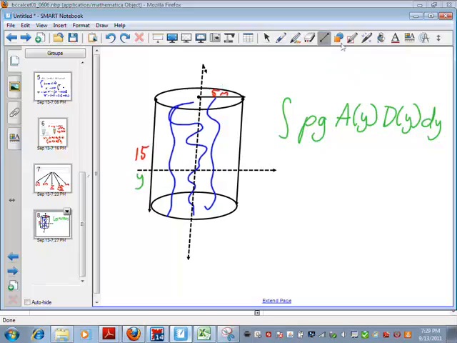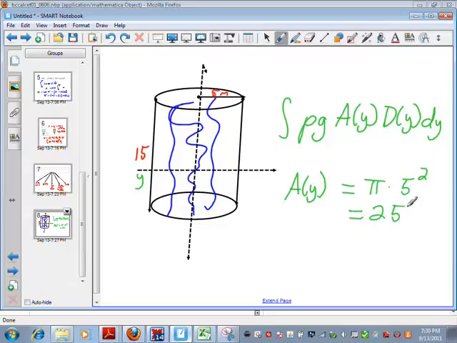The radius is 5, and the area of that circle is pi times 5 squared. And so A of y is very straightforward: pi times 5 squared. So that doesn't depend on y at all. So you're slicing it this way.